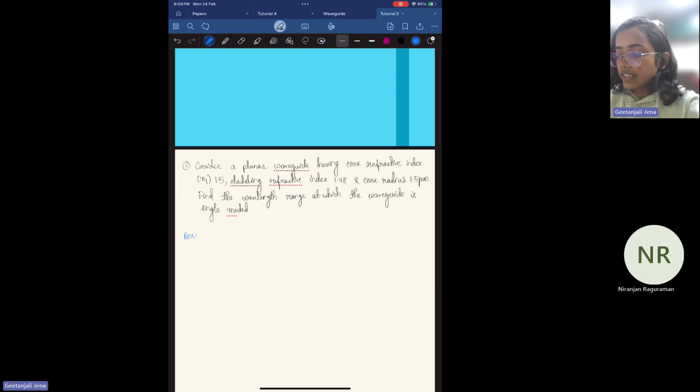Find the wavelength range at which the waveguide is single moded. For single mode operation, we need a condition on the V parameter. If you recall the graph between eta and zeta that we have seen in the class.